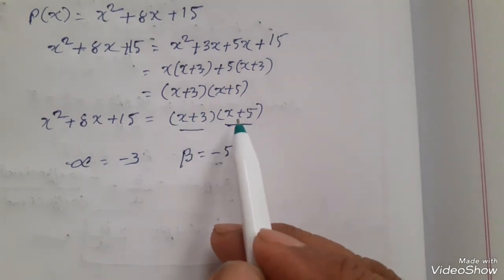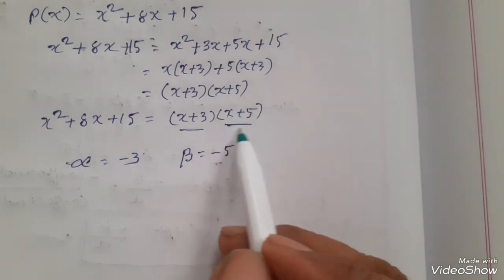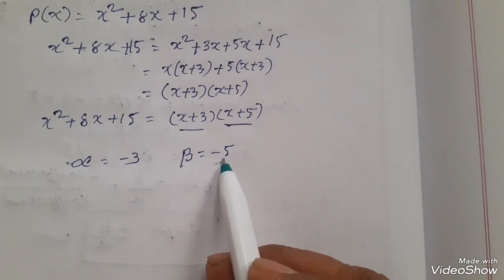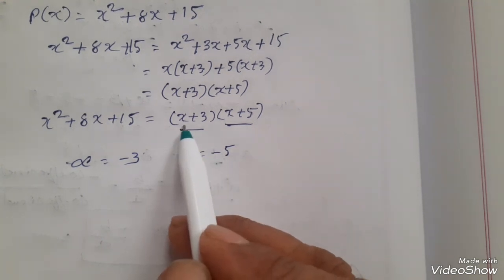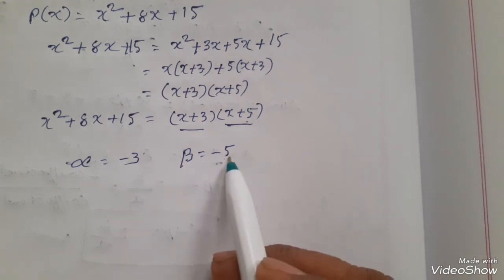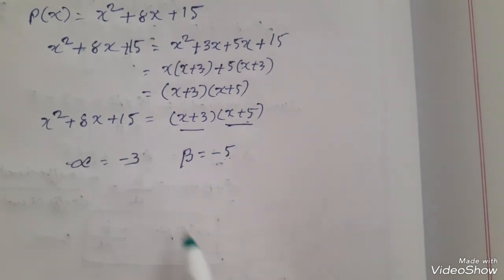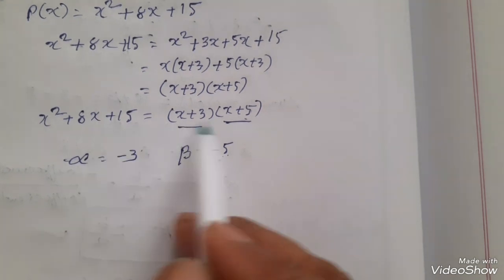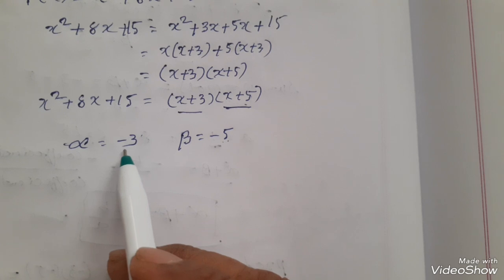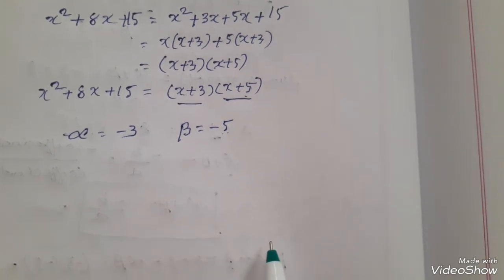Same way here, in the place of x, if you take minus 5, x plus 5 equals 0. So minus 3 and minus 5 are the zeros of x plus 3 and x plus 5. The same zeros are also zeros of x square plus 8x plus 15, since both are equal. So alpha equals minus 3 and the other zero beta is minus 5.